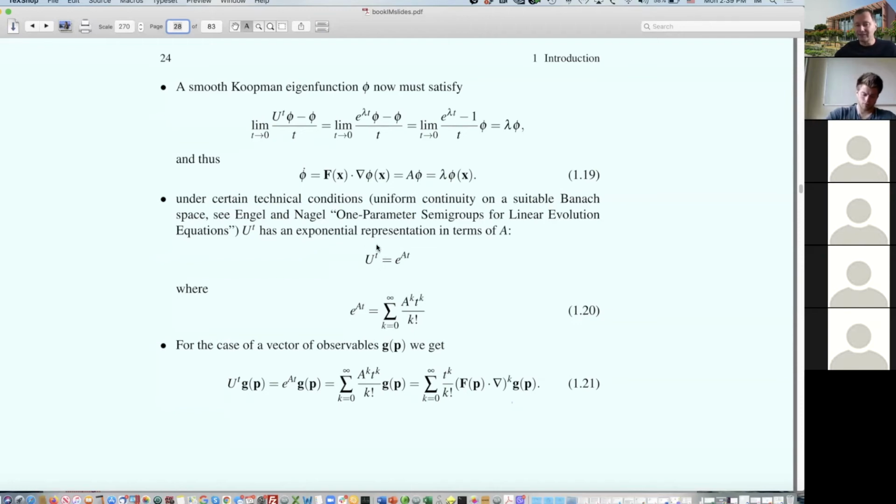And then U^t, the Koopman operator, and A are related in a somewhat familiar form, because you've seen it before in the context of linear systems. And I will show you how it applies to linear systems in a moment. But let's first utilize what we've just defined.